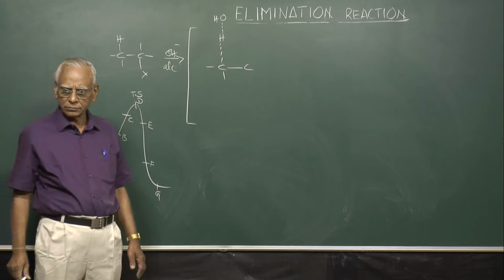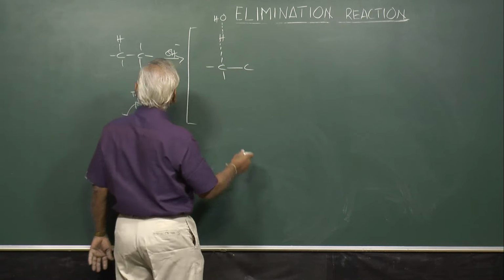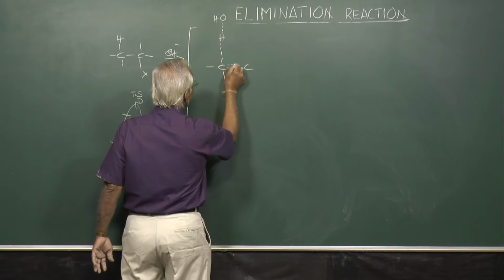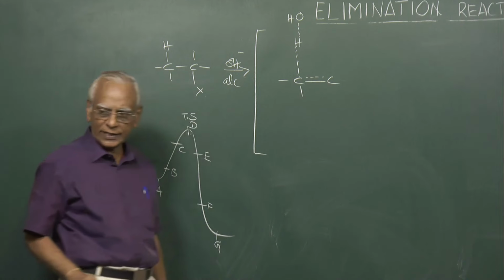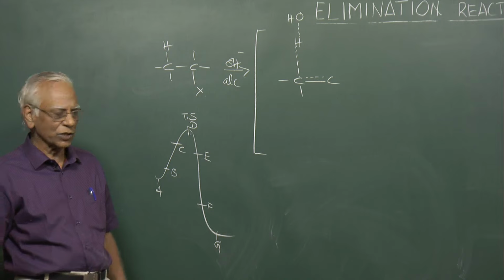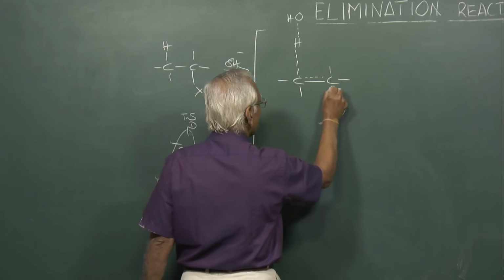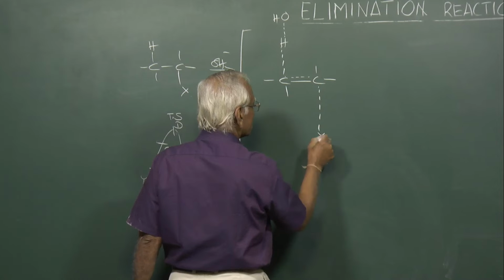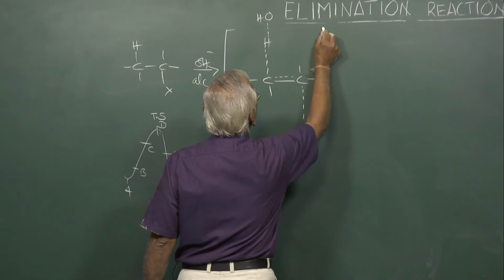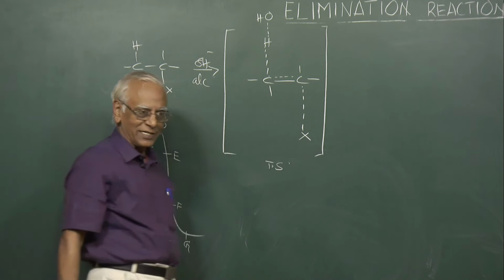No, but the sigma bond becomes shorter, that's all. And I am going to put a dotted line here indicating that a lateral overlap is also taking place. I am not worried about these bonds. And this also becomes longer now, X here. You put them in brackets, and that should be the structure of the transition state.